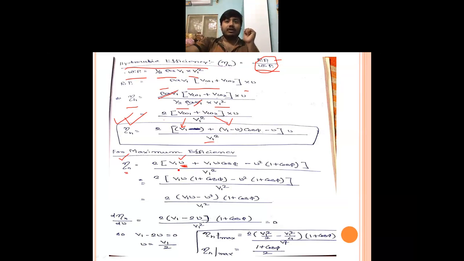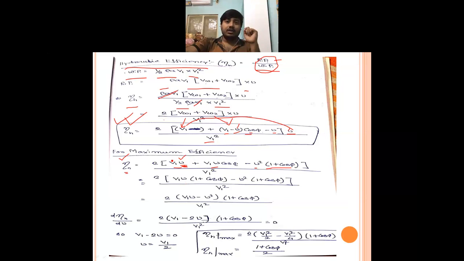Okay, so look over here. This is v1 into u, which we multiplied, then v1 cos phi into u, then minus u into u, that is u square into cos phi minus u square. So if we take u square common, we get 1 plus cos phi.